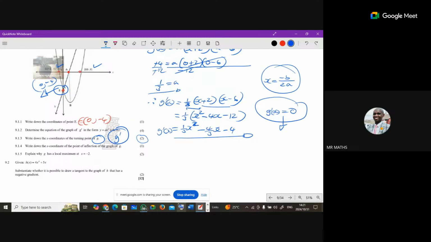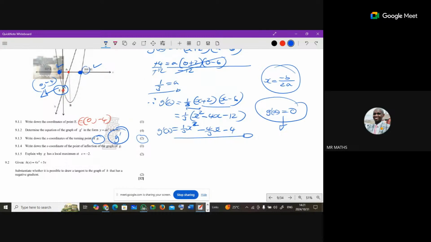Are we together? So which means the x-intercepts on the derivative graph, on the original graph they are the turning points.